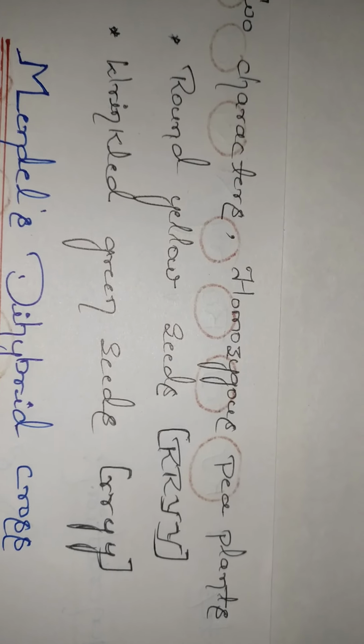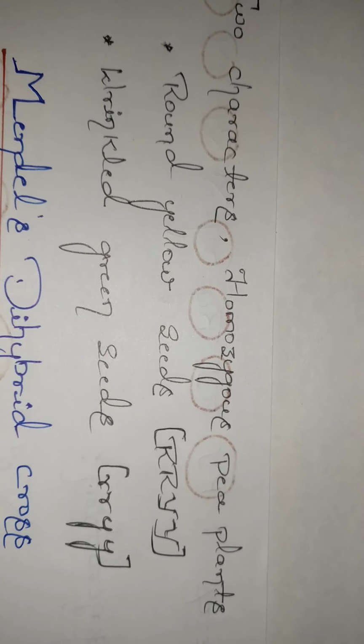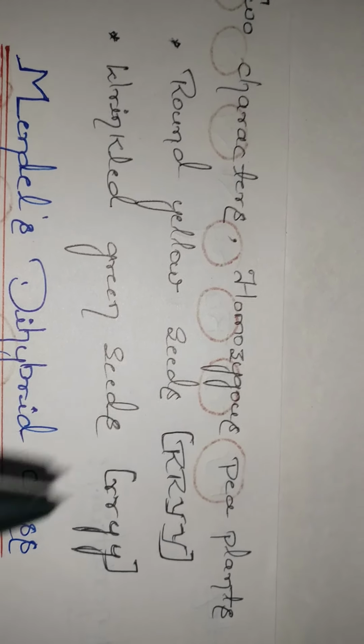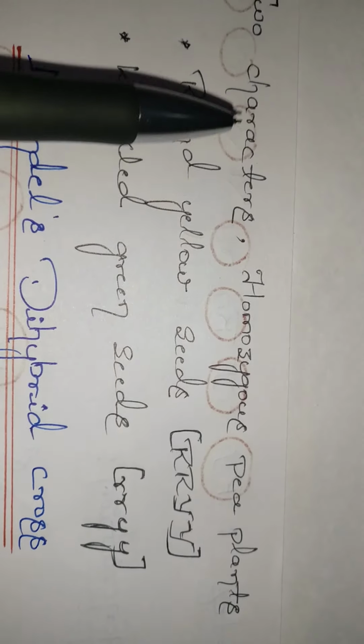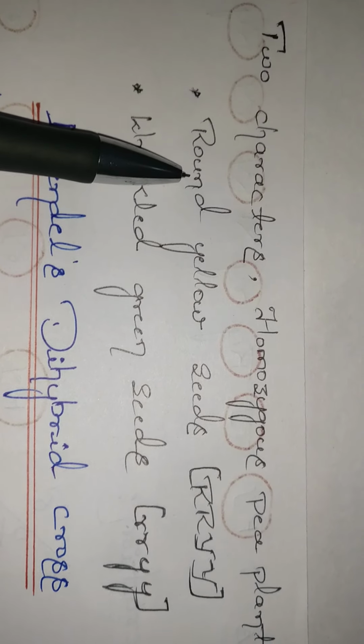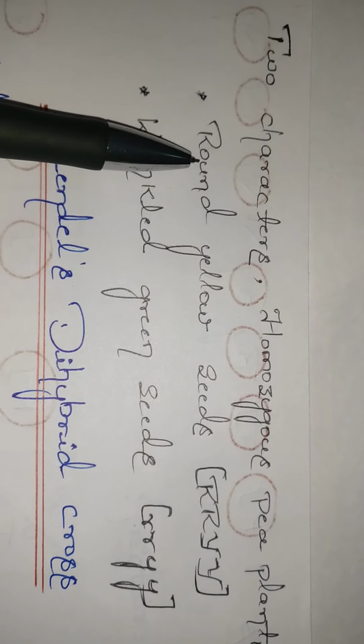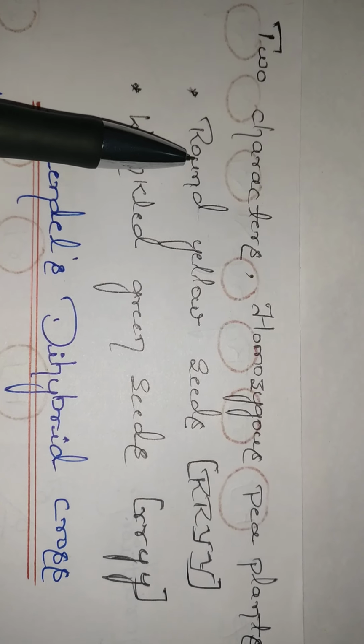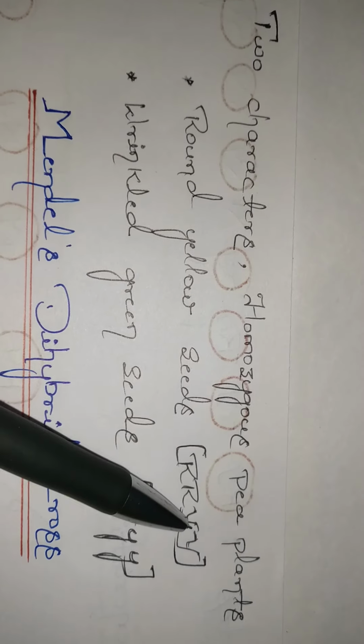He is going to select two homozygous pea plants, one male and the other female. There should be two characters. Remember, as I told before, he is going to select homozygous round yellow seeds.